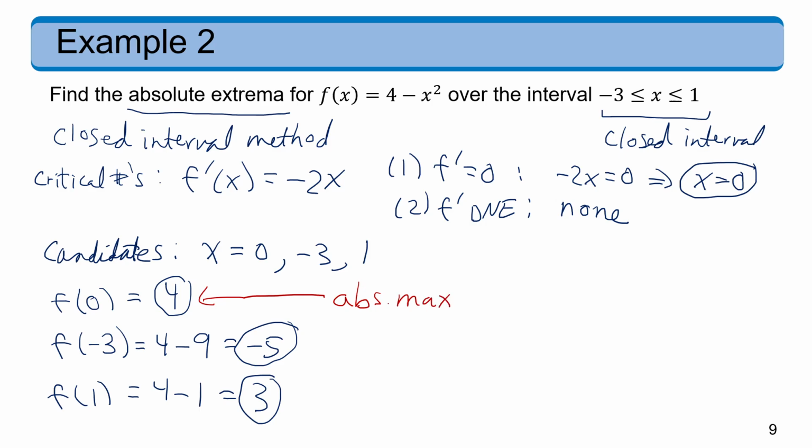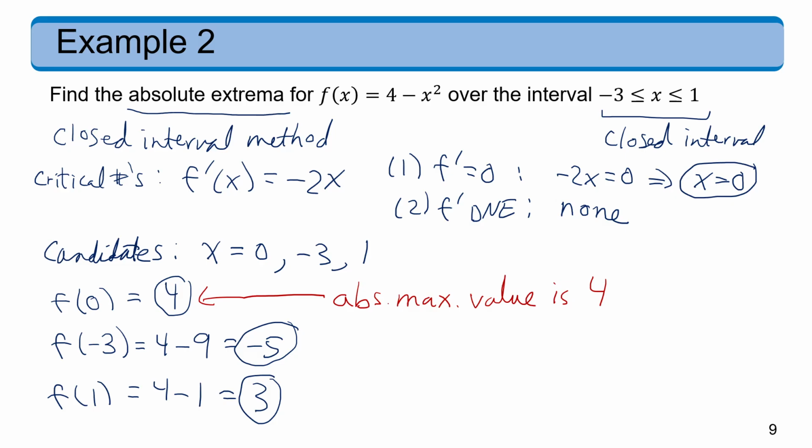Now be careful how you present the results. It depends on how the problem asks for it. Or if it's unclear, then you might want to just give all the information. So here it just says find the absolute extrema. It's not very clear, so let's give both. If they ask for the values, that's the y coordinate, which here is the 4. And if they ask where they occur, they want the x coordinate of the point.